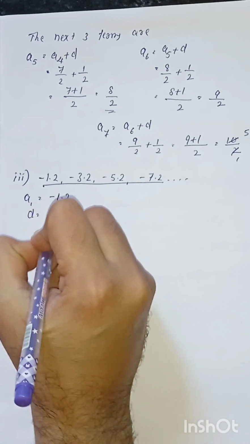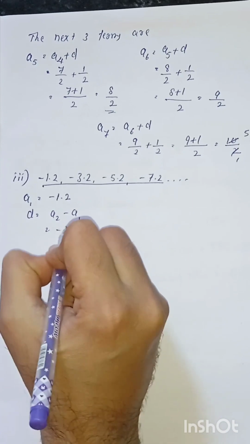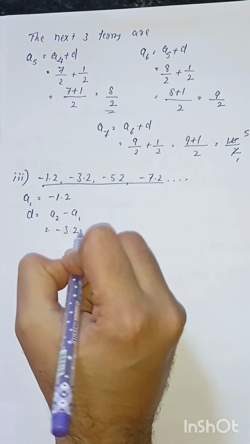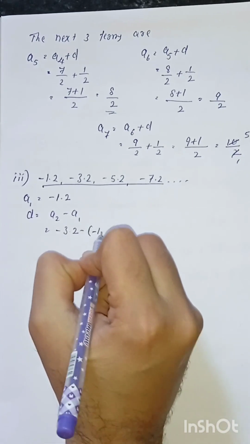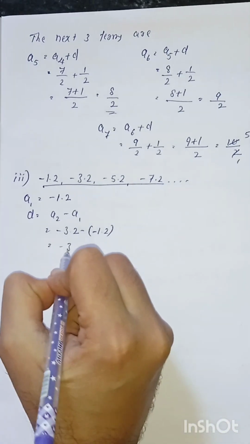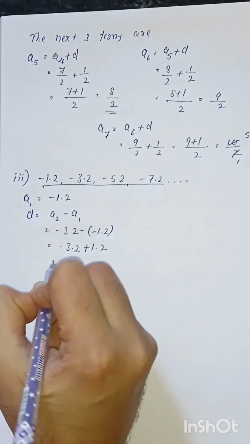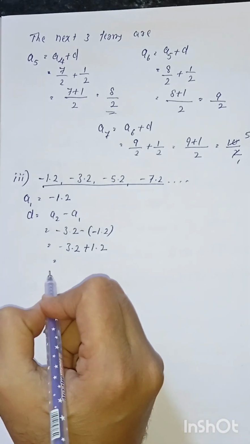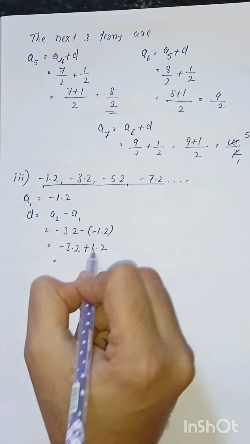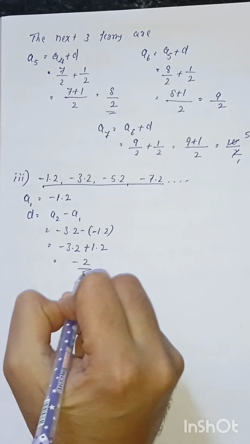Now common difference, A2 minus A1. What is A2? Minus 3 by 2 minus A1 means minus of minus 1 by 2. Now minus 3 by 2, minus into minus plus 1 by 2. Your answer is minus 3 by 2 plus 1 by 2. There are unlike signs and we have to subtract. Your answer is minus 2 by 2.